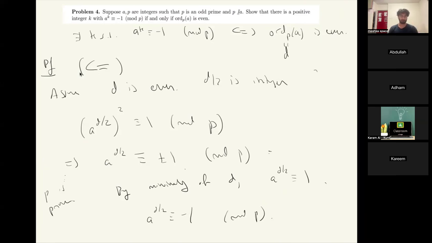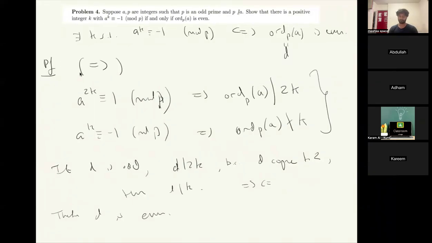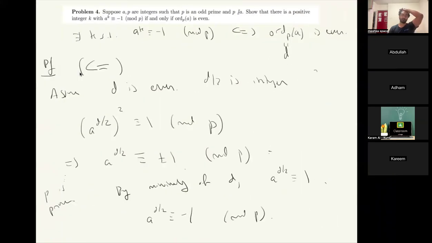Does it make sense? Karam, you're right. In the previous step, for this direction, we don't need p is prime, but in this step, we really do need p is prime.